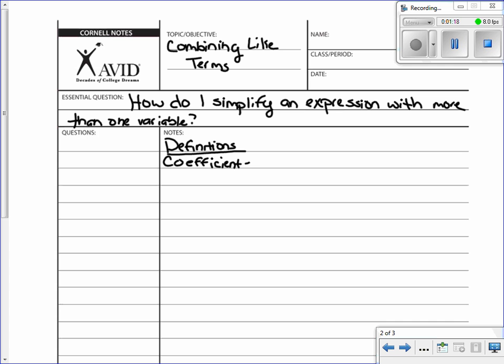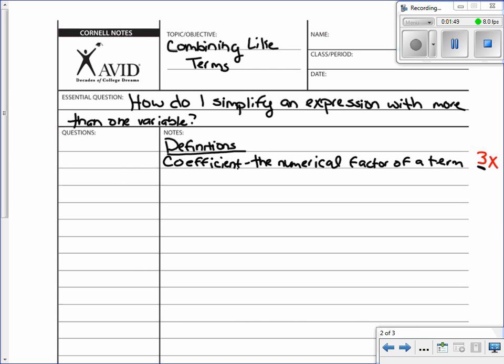And that is the numerical factor of a term. An example is if you have the term 3x, the coefficient is the 3, because it's the numerical factor. It's the number out in front of the variable.